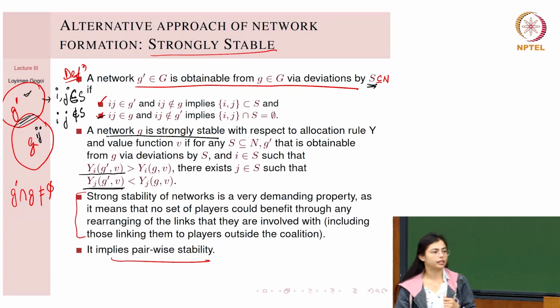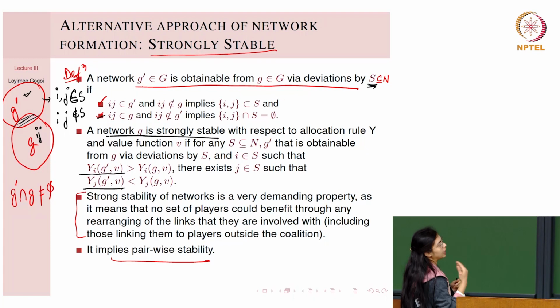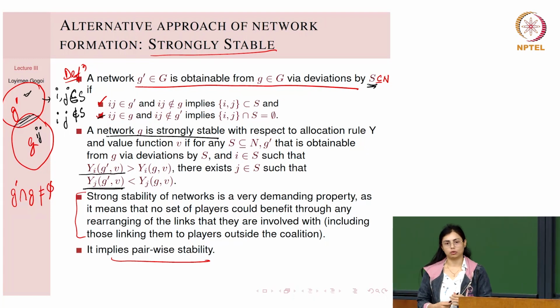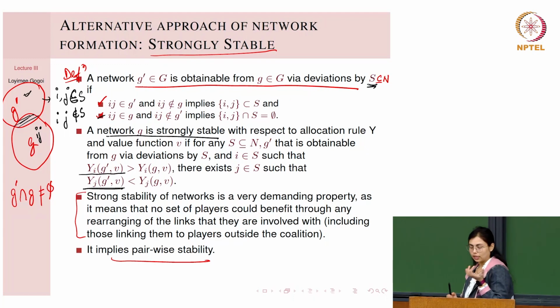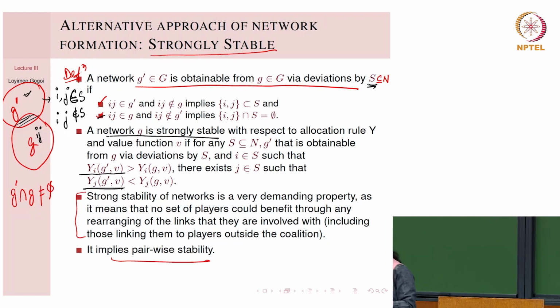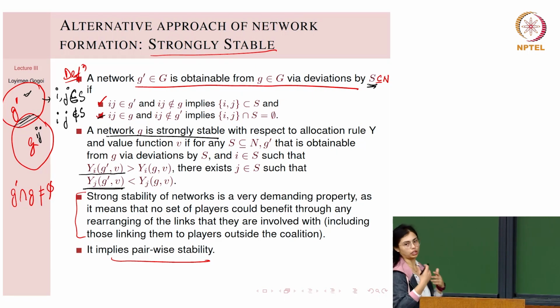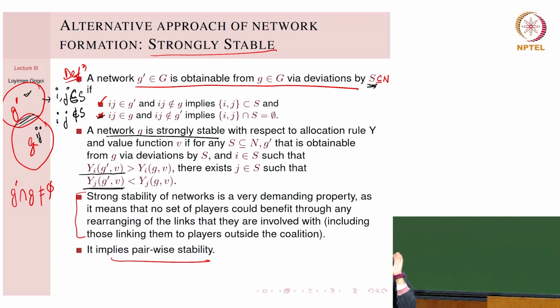Then definitely they don't want to rearrange their network to some other network. So it mostly involves a particular set of a group which is benefited in the network G prime, but not in G. So definitely they don't want to rearrange their network structure from G prime to G. This is what we can say about the interpretation.